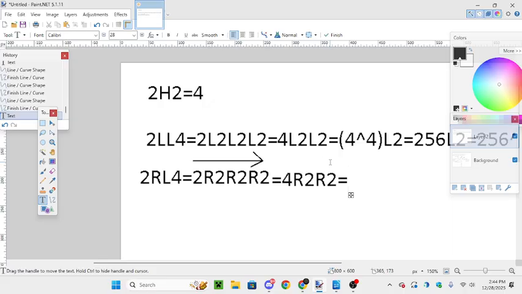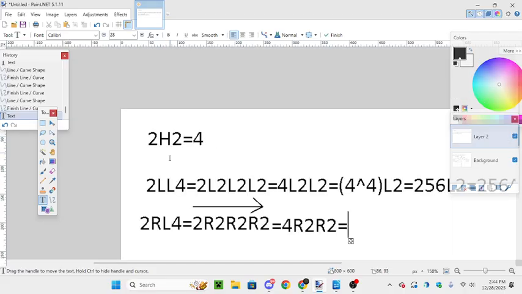Now, another thing that I need to say is that any number left tetrated to the 2 is equal to any number right tetrated to the 2. And that is because in both cases, this is equal to x raised to the power of x.